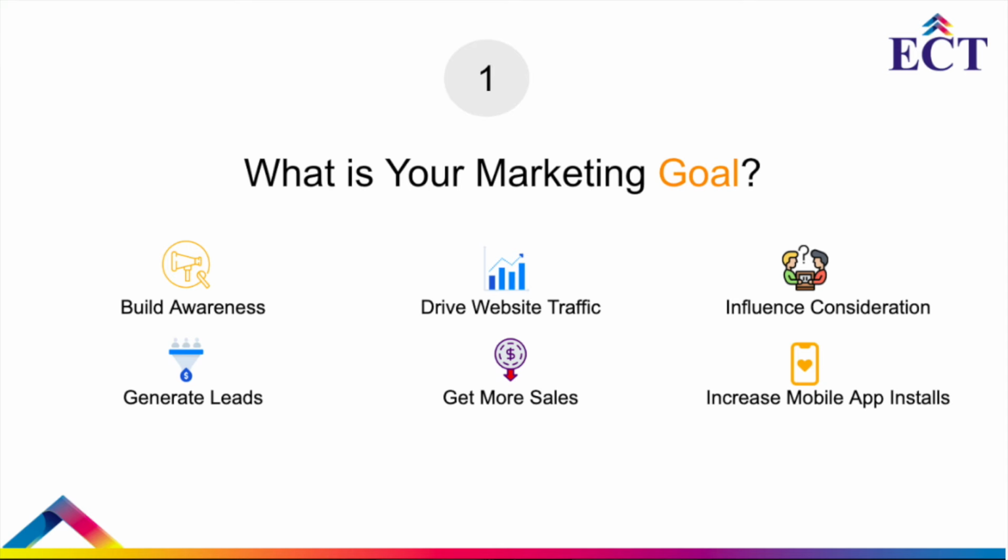So the first is, what are your marketing goals? In online marketing or digital advertising, there are 6 major types of marketing goals that you can decide. As you can see, these are the 6 marketing goals: building awareness, driving website traffic, influencing consideration, which I will discuss shortly, generating leads, generating more sales, and getting more mobile app installs.